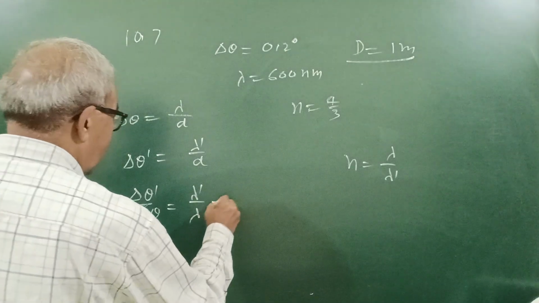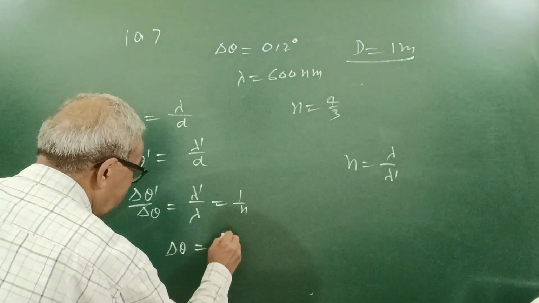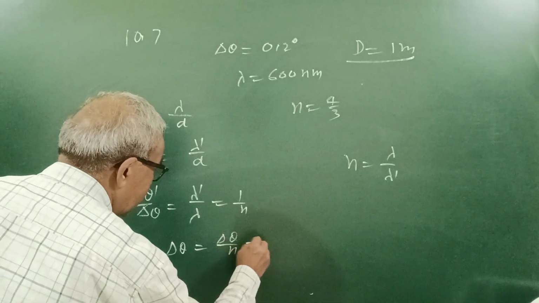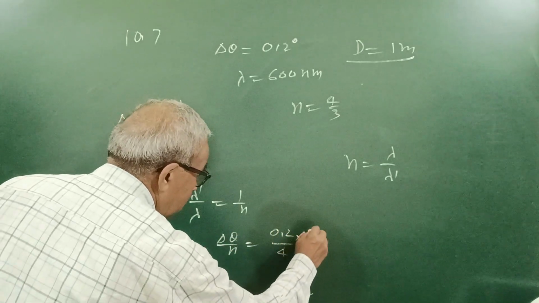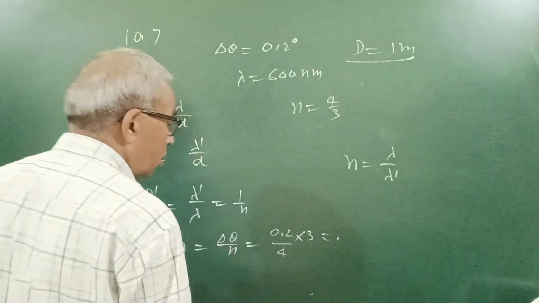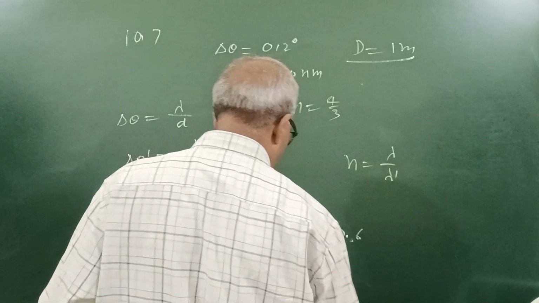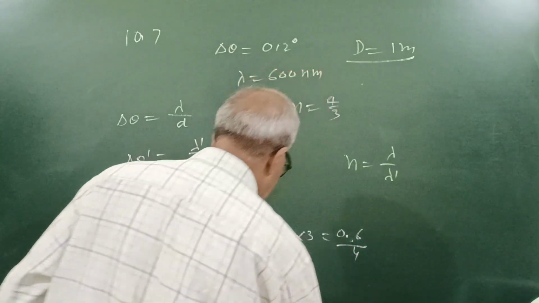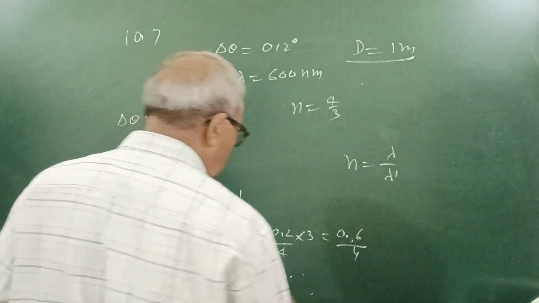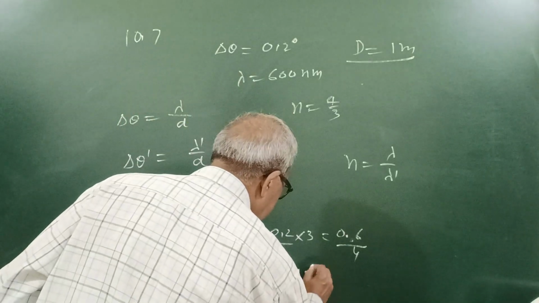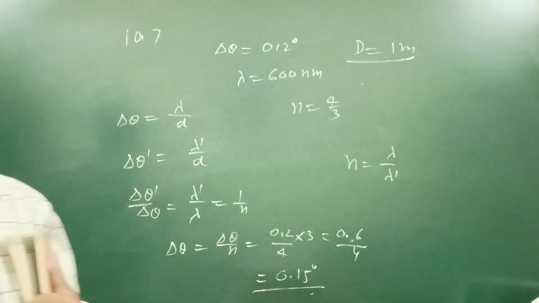So it is 1 by n. So delta theta dash will be delta theta upon n, यानी कि 0.2 upon 4/3. So 0.6 upon 4 equal to 0.15 डिग्री. यहाँ पर डिग्री में है तो कोई प्रॉब्लम नहीं.